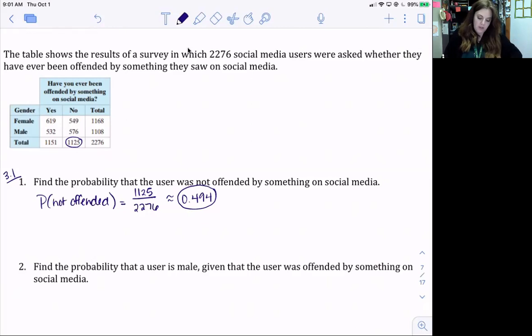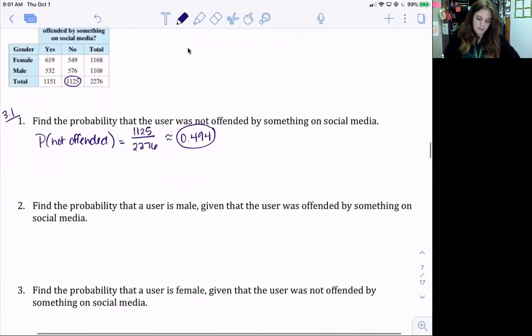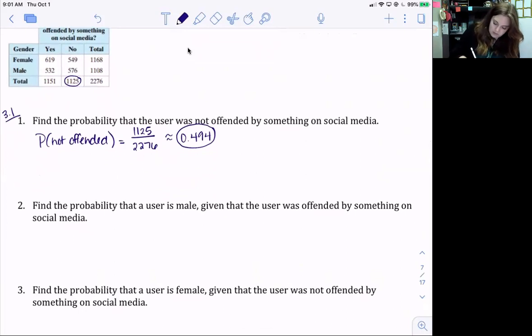Okay. Number 2, find the probability that a user is male given that the user was offended. So the probability of male given offended. We're going to start off with our denominator, and that's based off the offended.